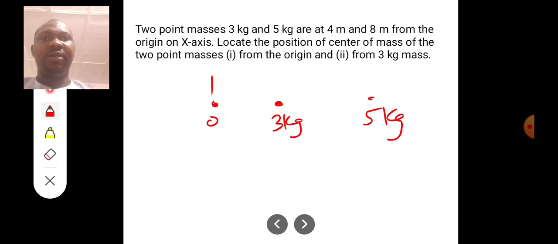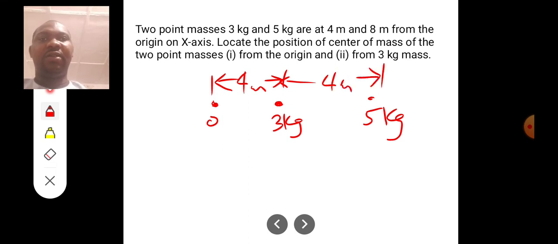From the origin to the 3 kg mass is 4 meters, and since the 5 kg mass is a total of 8 meters from the origin, the distance from the 3 kg mass to the 5 kg mass will just be 4 meters.